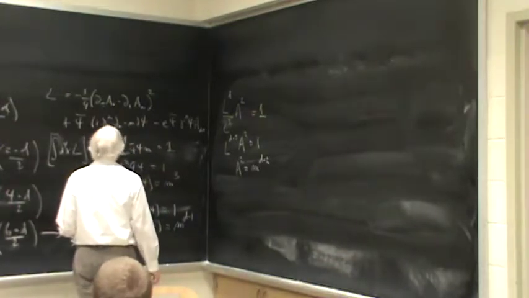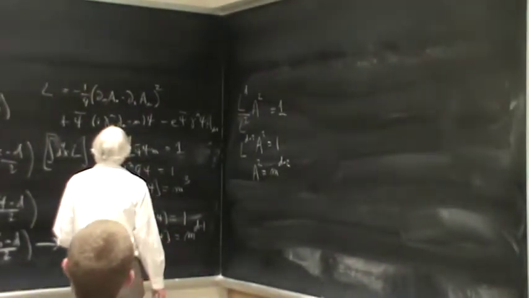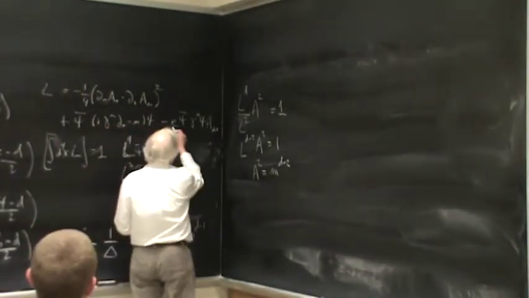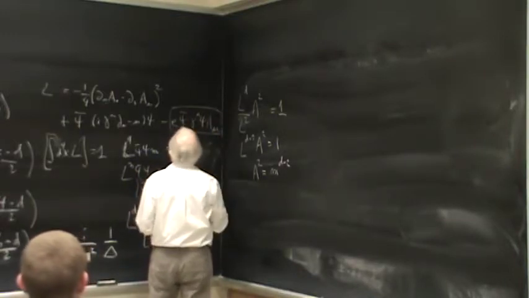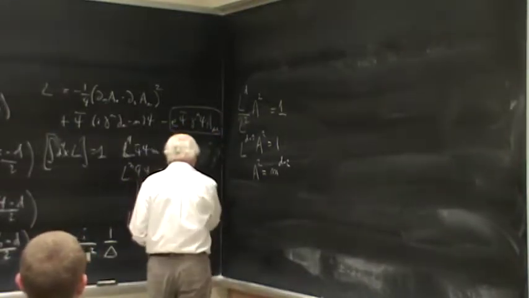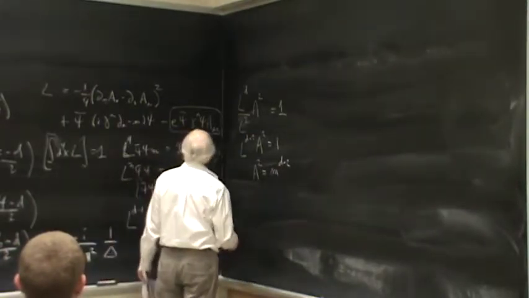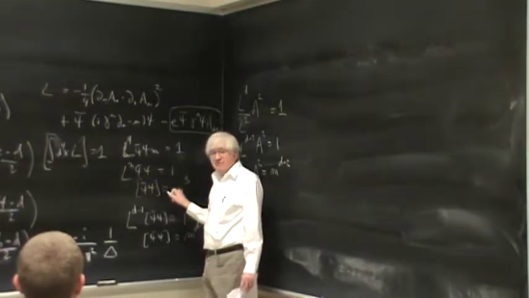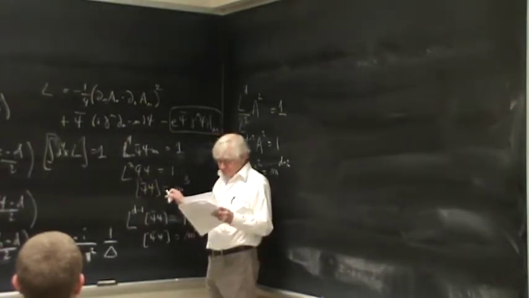What else? Let's look at this thing here. We've said, let's suppose ψ̄ψ has dimension m^(d−1), because what I did was I kept m having dimension of mass.